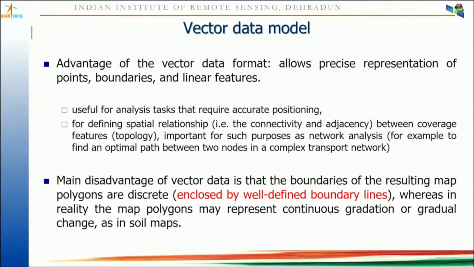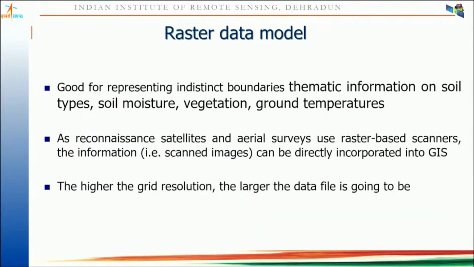These are the two data models, and both have their own advantages and disadvantages. So with these pros and cons, you can decide which data model is best for your own studies, and based on this you can design your database system, and store your data either in the database management system or maybe in a standard file based system.